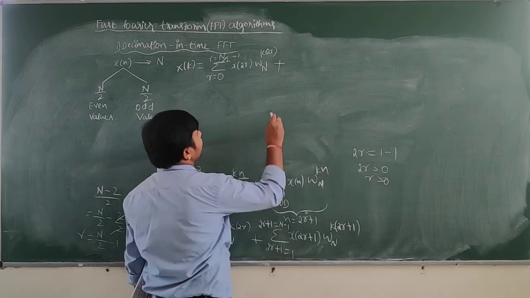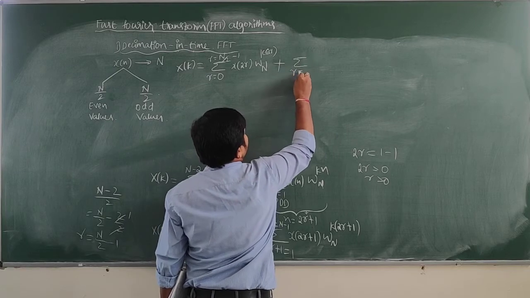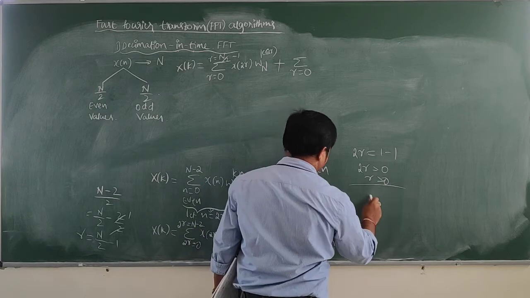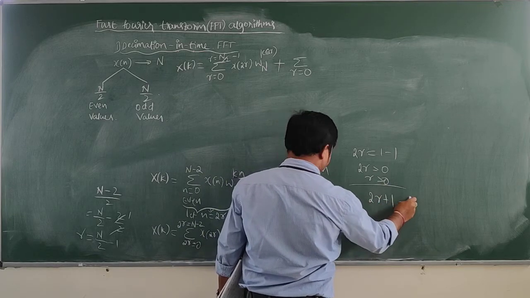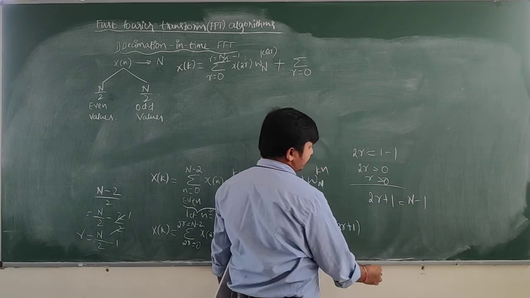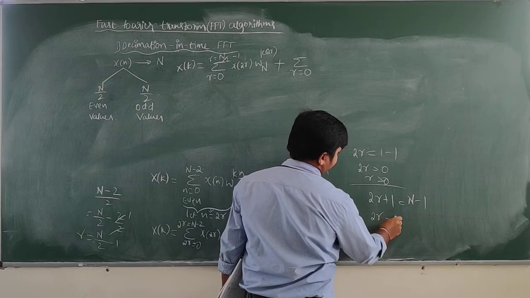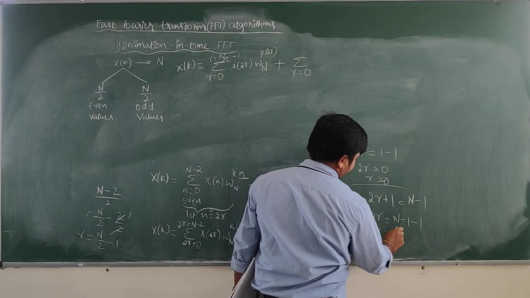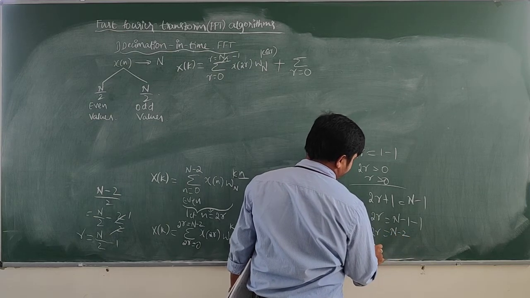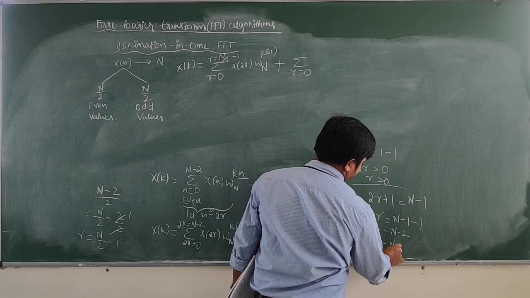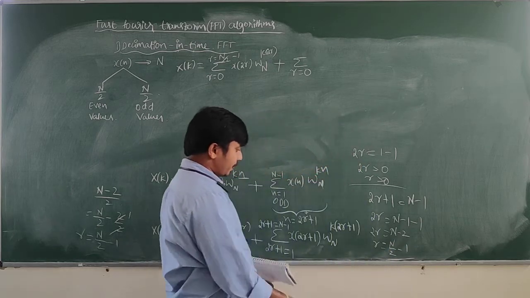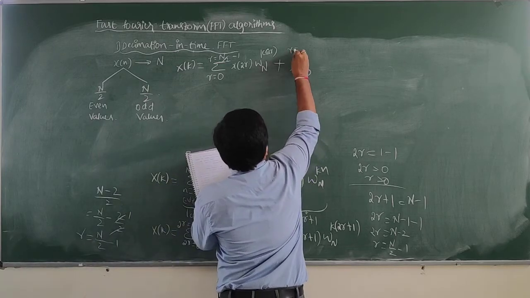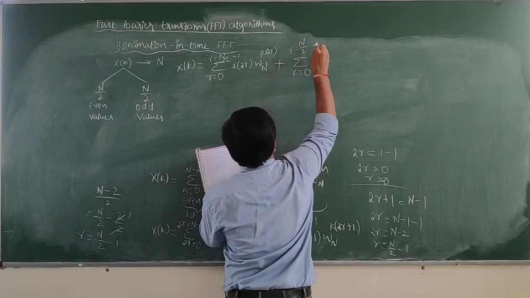Okay, so lower limit becomes 0. So what is the upper limit? That is 2r plus 1 is equal to n minus 1. Okay, so 2r is equal to n minus 1 minus 1, therefore 2r is equal to n minus 2. Okay, so therefore r is equal to n by 2 minus 1. Right?